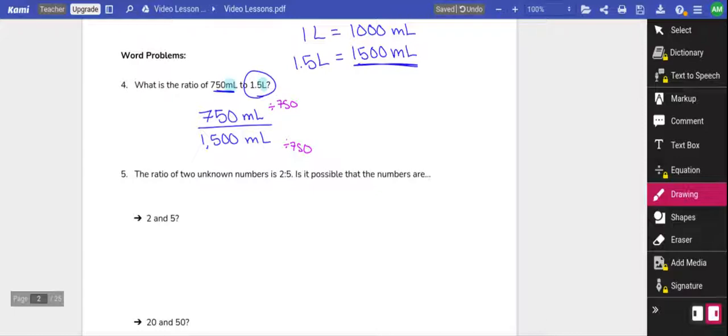If you can't remember that right off the bat, which a lot of us probably can't, we can divide by a common factor that you might see. Some people think of 10 in this case, might think of 25. Then see if there's another common factor that you can divide by again until you can no longer divide by a common factor. But in this case, we see that it's a ratio of 1 to 2.